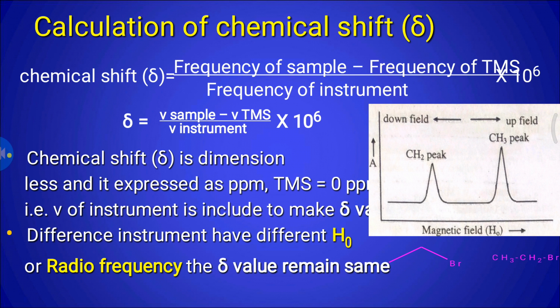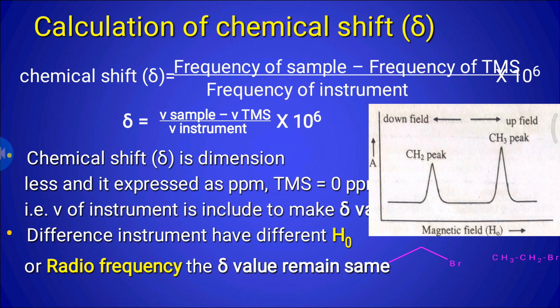Chemical shift delta is dimensionless and is expressed as ppm, parts per million, and TMS is observed at 0 ppm. The frequency of the instrument is included to make the delta value independent of the instrument.